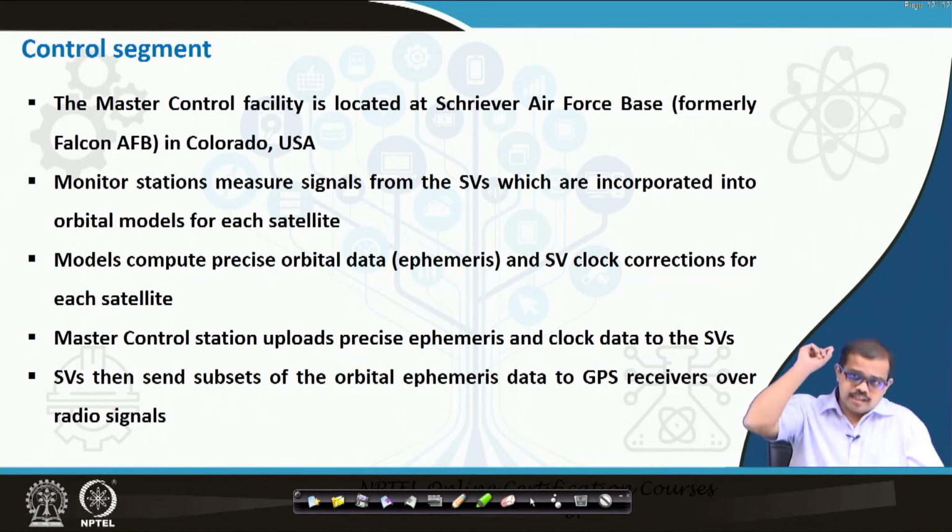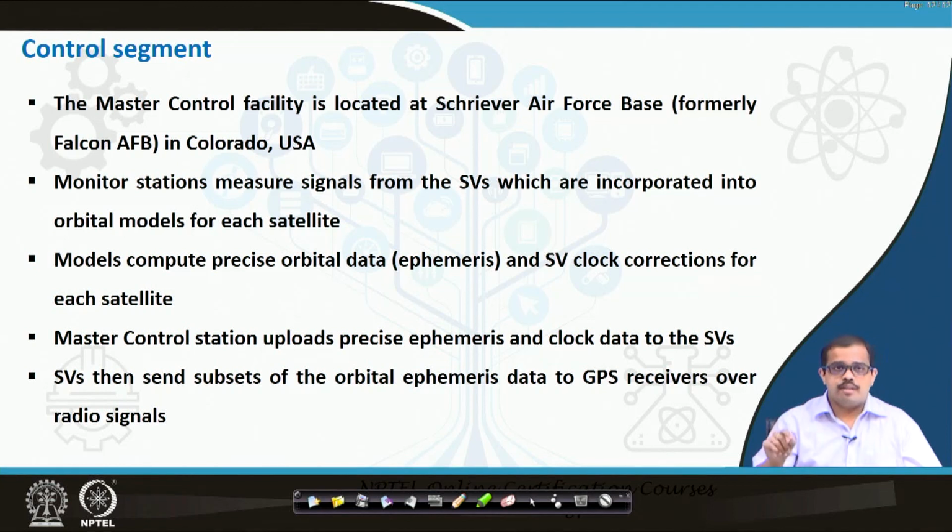Once the signal comes from the satellite or the space segment, the models compute the very precise orbital data, and once you have precisely calculated the orbital data, it also calculates the satellite vehicle clock correction, so that the clock of the satellite matches the clock on the Earth's surface at that particular point.